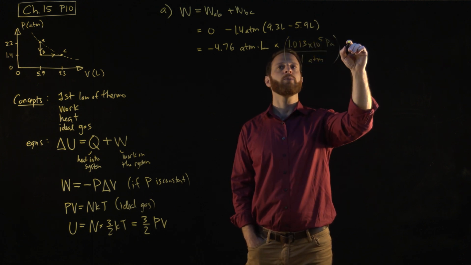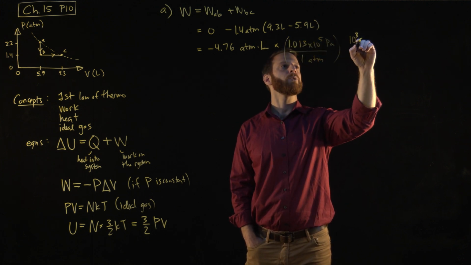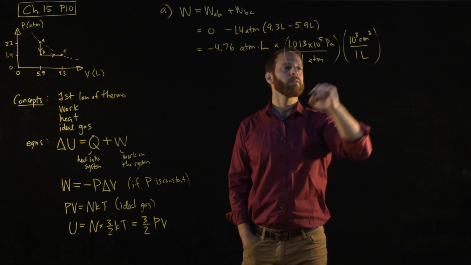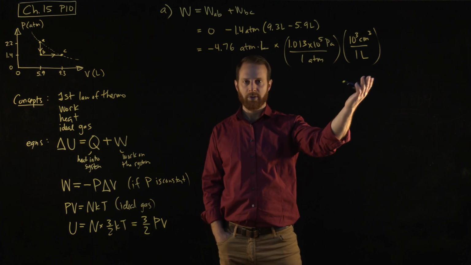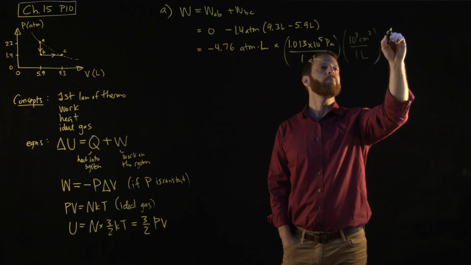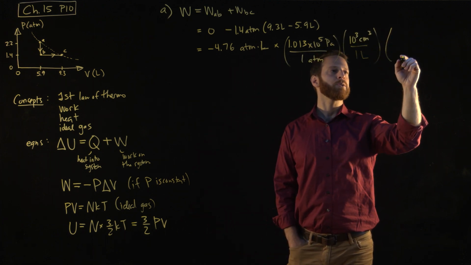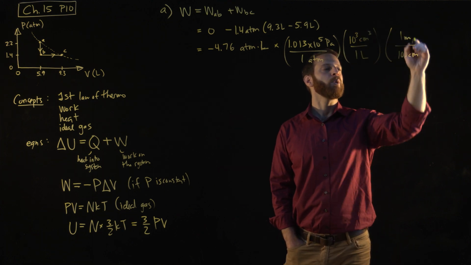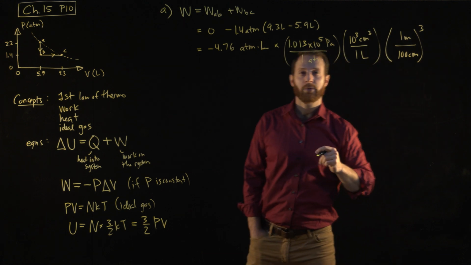So you can go ahead and write this as 10 to the 3 cubic centimeters for every 1 liter. And then finally, because we have centimeters, we want to convert that to meters. Let me get rid of all those factors of centimeter. We know that there's 100 centimeters for every 1 meter, and we've got to do that conversion 3 times.